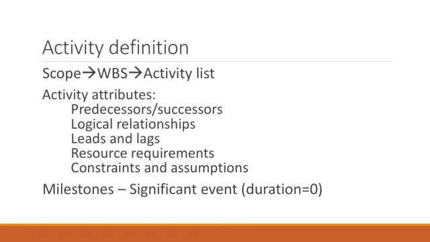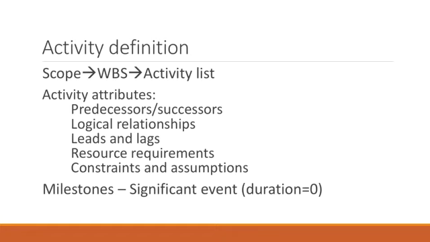So when we're thinking about how do we do this activity definition, the first thing is that we refer to the scope baseline. The scope baseline itself is nothing different than the scope management or the scope statement plus the work breakdown structure plus the work breakdown dictionary. If you guys want to translate this into the other framework that we are using, it will be, again, your scope statement plus the project backlog plus the user stories.